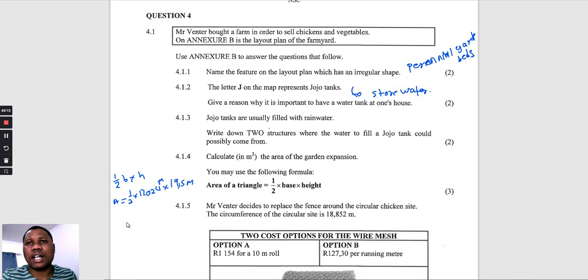So we're going to have half of the base, 1/2 multiplied by 17,024, that is 8,512 meters multiplied by 19,5 meters, which is 165,984 meters squared.